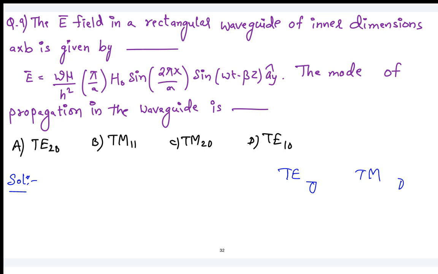And when you consider the first one, inside the sine, what are you having? Generally, whatever the variation is, it is in the form of gamma x into x, which will be m pi by a into x. Here he has given the value as 2 pi by a into x. So accordingly, you are getting m equal to 2. So either it should be TE20 or TM20.